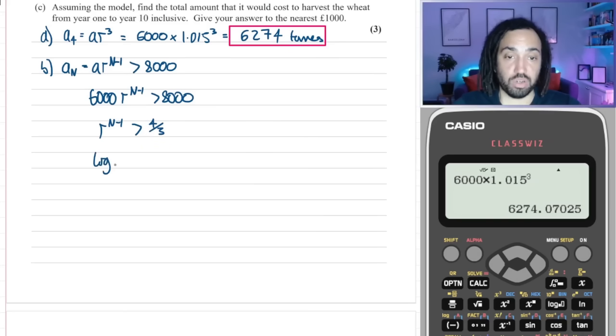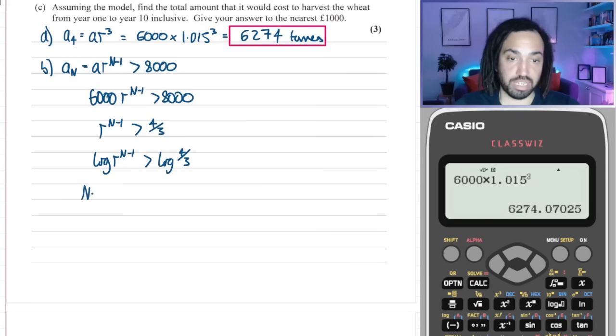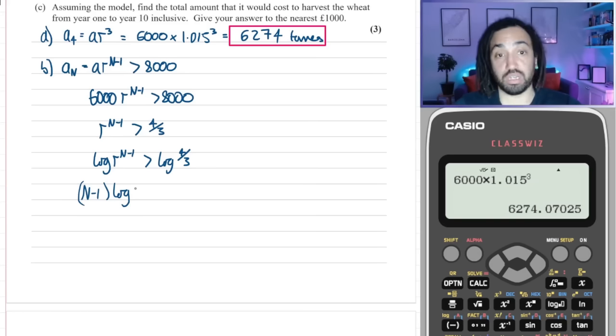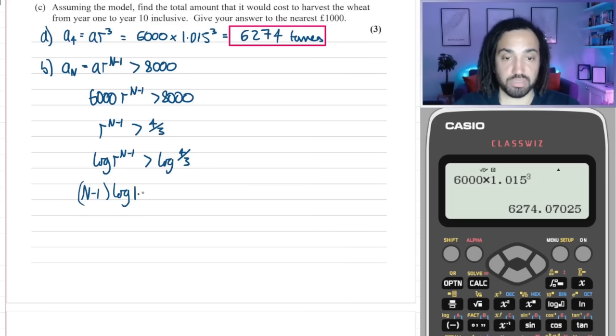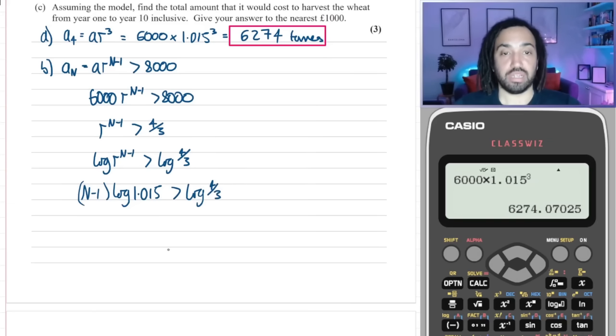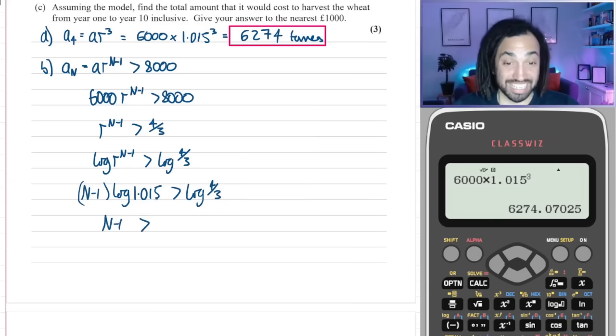Let's take log of both sides, like so. Let's bring that power down, so n minus 1 log of r, and of course r, should have put this in earlier, is 1.015. We know what r is. Okay, so then we can just divide these two logs. Now be careful, is that a negative?